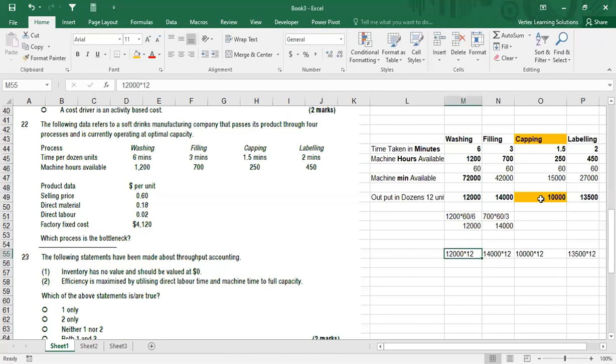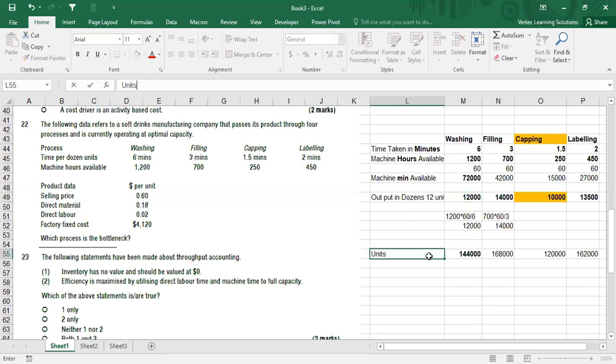But of course, because you multiply all of them with 12, still this will be the smallest one, because this is number of dozens. So minimum, that is your, if you want to say, okay, how much is my final output? Number of units. So I multiply with 12. So your final output is 144,000 units. 12,000 dozens means 144,000 units.